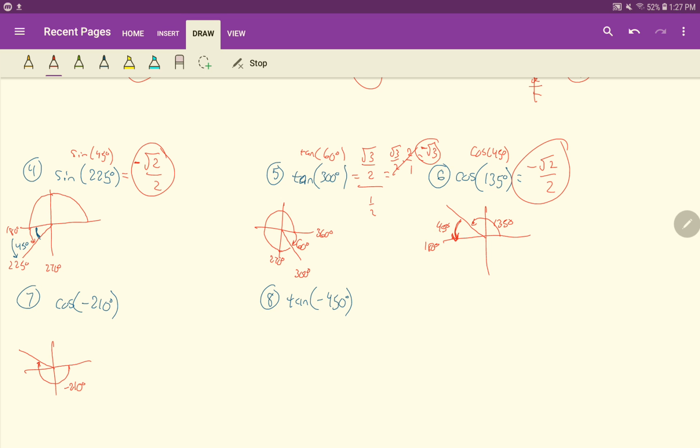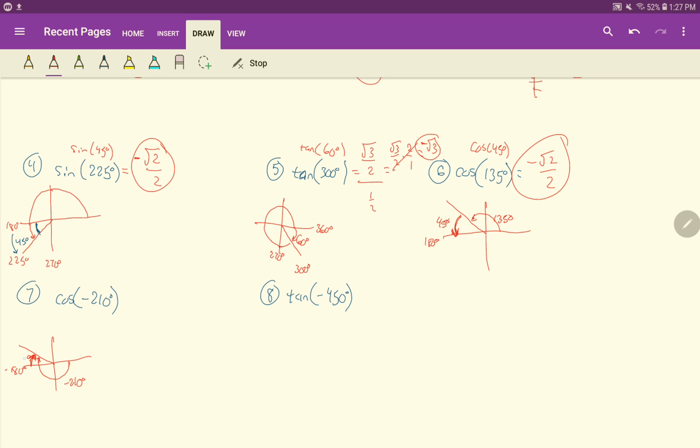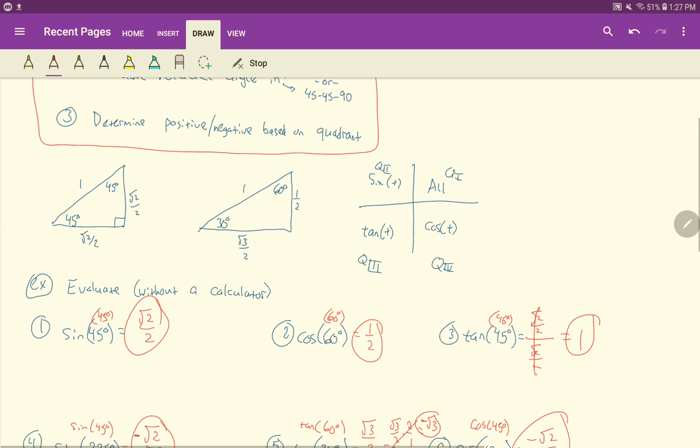Okay, what's the reference angle? Well, again, if this was negative 180 right here, then to get to that negative 210, how much further do we have to go? We got to go negative 30 more, right? So 30 is our reference angle. So this is like evaluating cosine of 30 degrees. Cosine 30, go back up here.